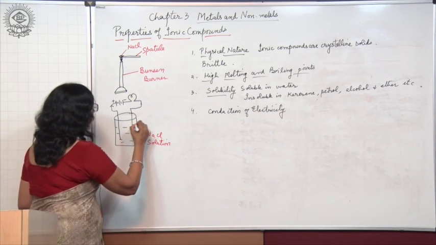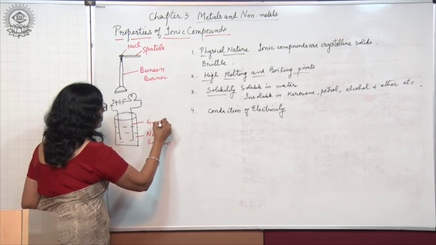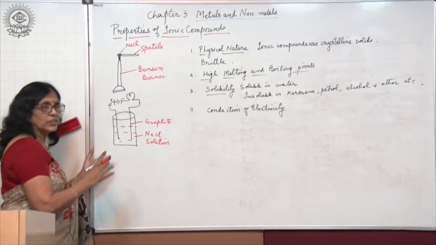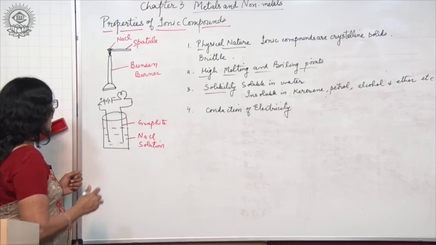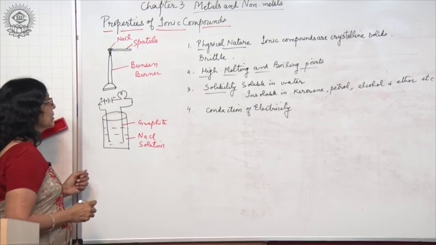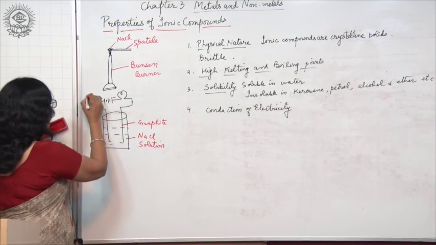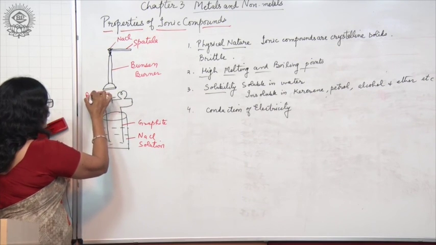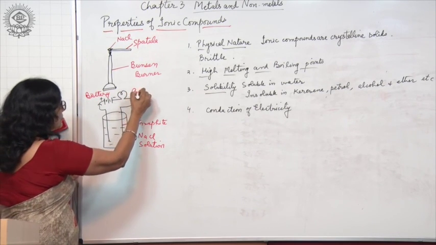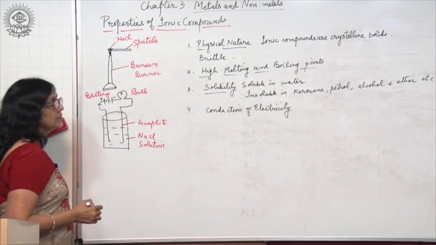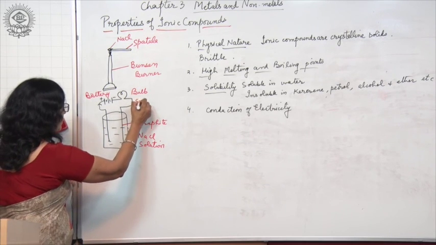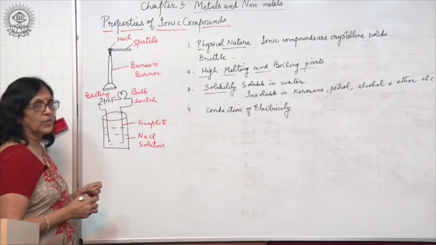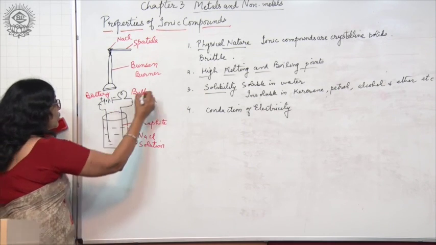Then two graphite electrodes are dipped in water, immersed in the salt solution, and connected to a battery. A bulb is also connected, and this is the switch. When the circuit is complete, it is found that the bulb glows.